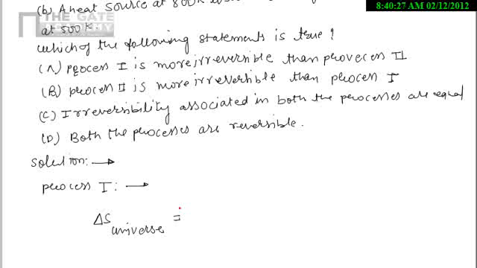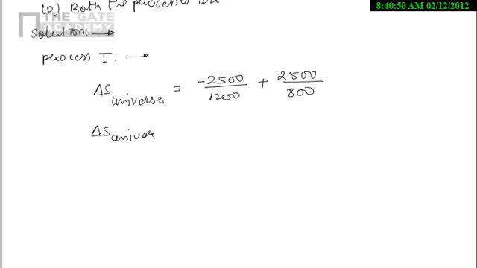The 1200 Kelvin source loses heat, so the entropy change will be minus 2500 divided by 1200, plus the sink which is gaining heat, so positive 2500 divided by 800. Calculating: 2500 divided by 1200 is 2.1, and 2500 divided by 800 is 3.125.